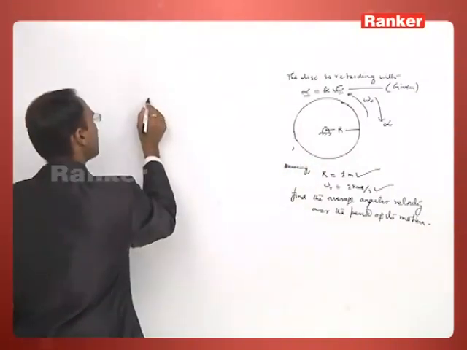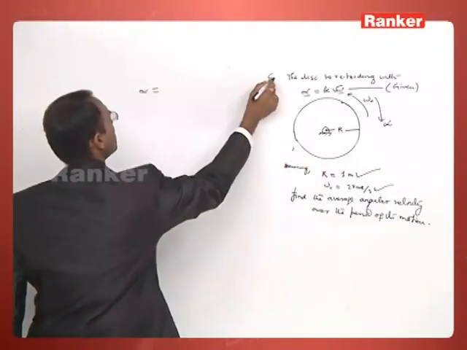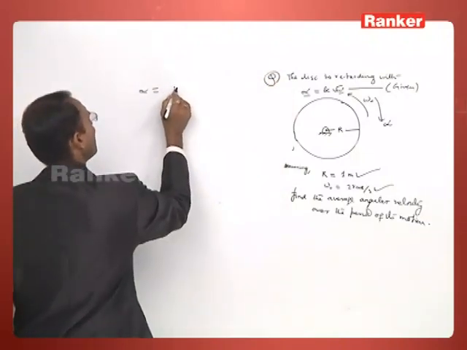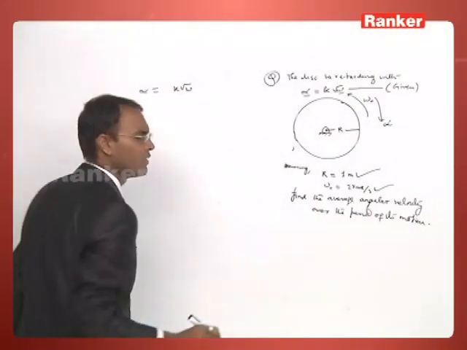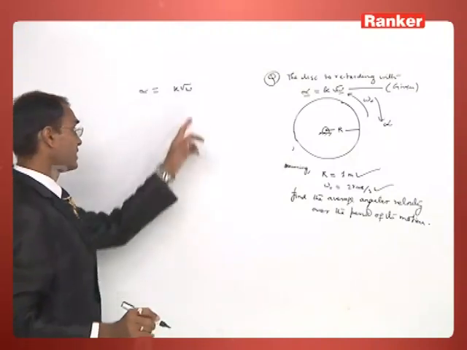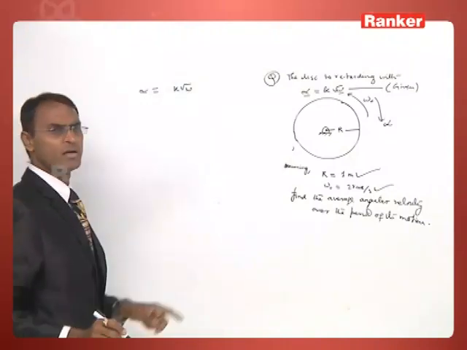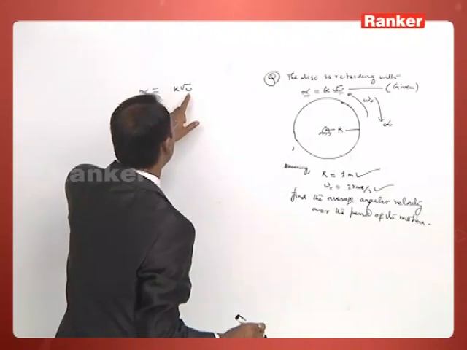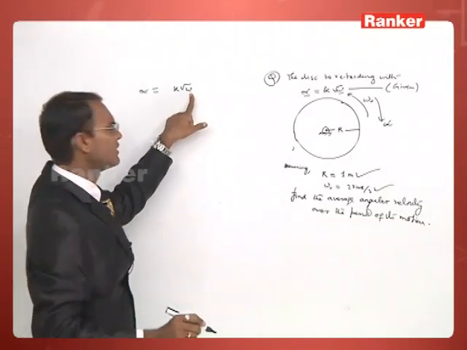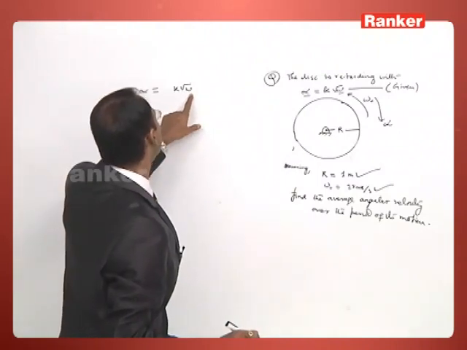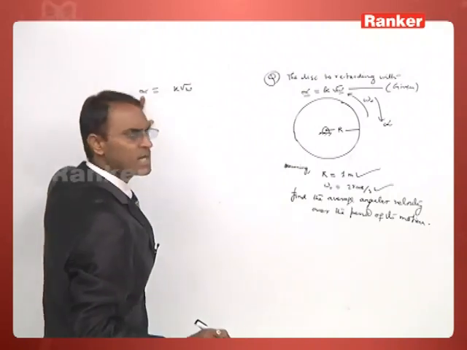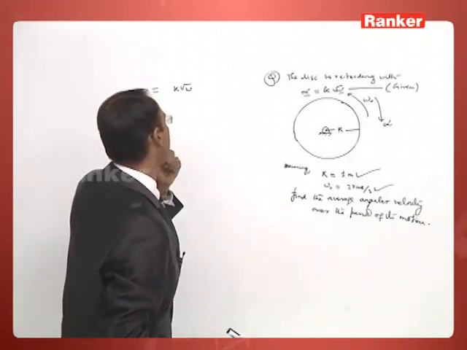The given condition is that alpha is equal to k into square root of the angular velocity. That is not initial, that is a functional value which gives the instantaneous value of the angular velocity of the disk, and this is the instantaneous value of the angular acceleration of the disk.